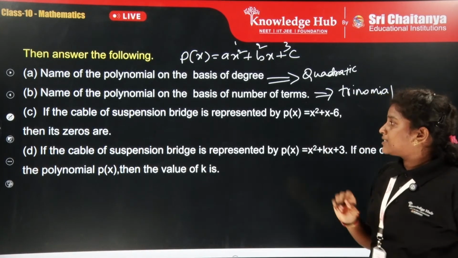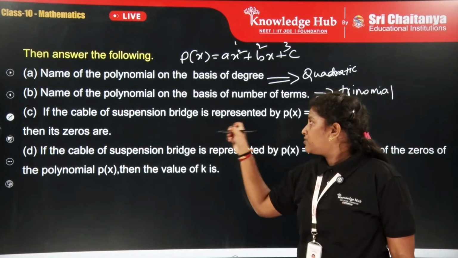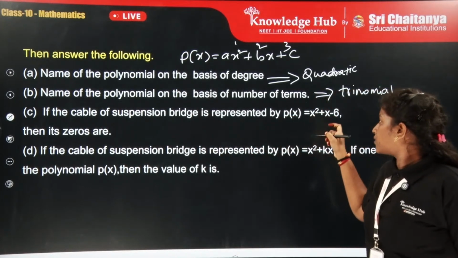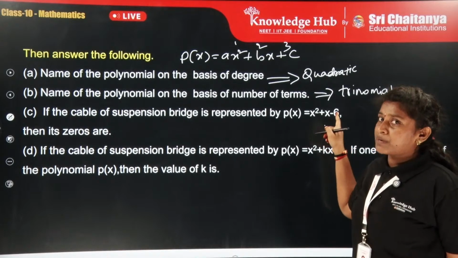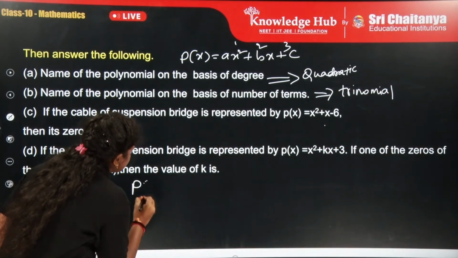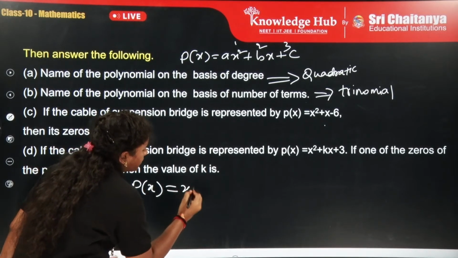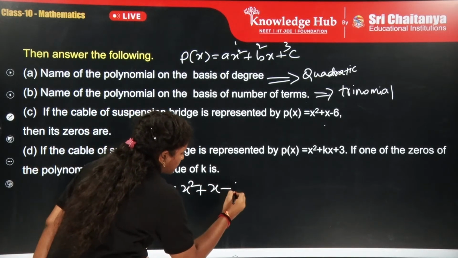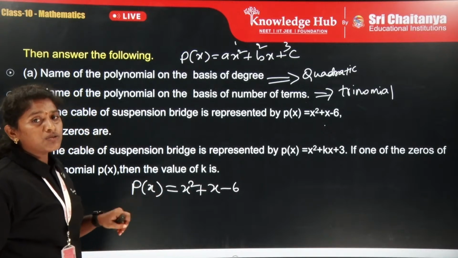So now moving to the next, if the cable of the suspension bridge is represented by P of x equals x square plus x minus 6. Okay. Now find the zeros of the polynomial.